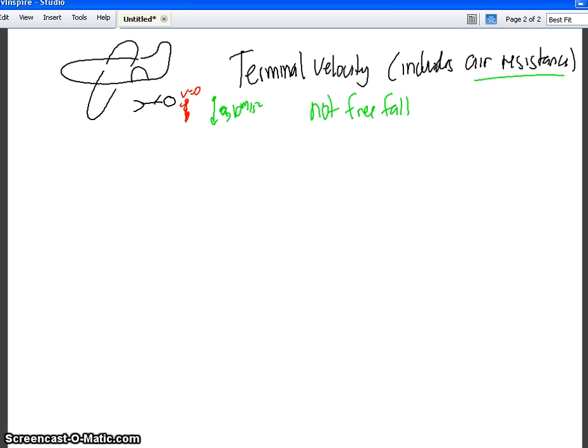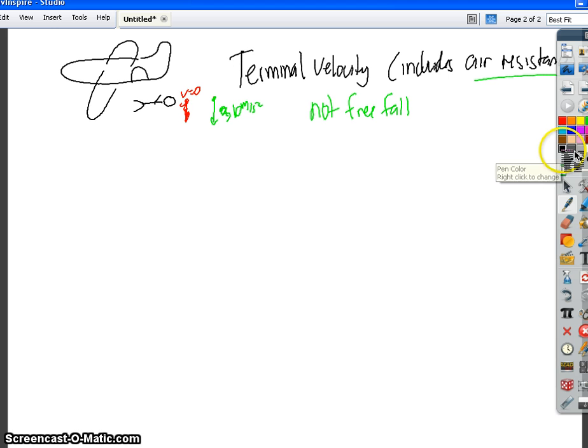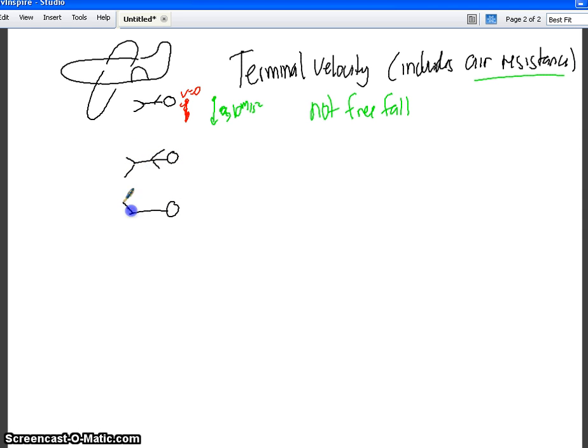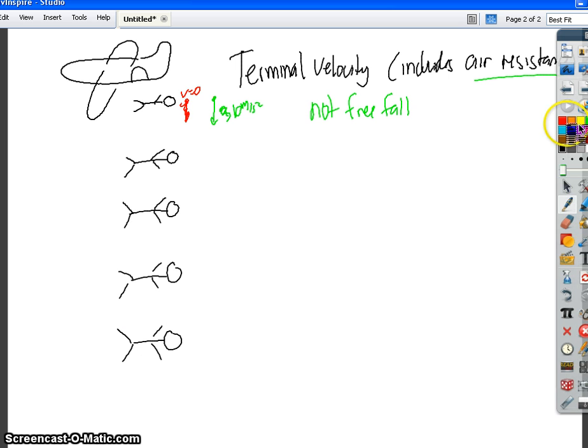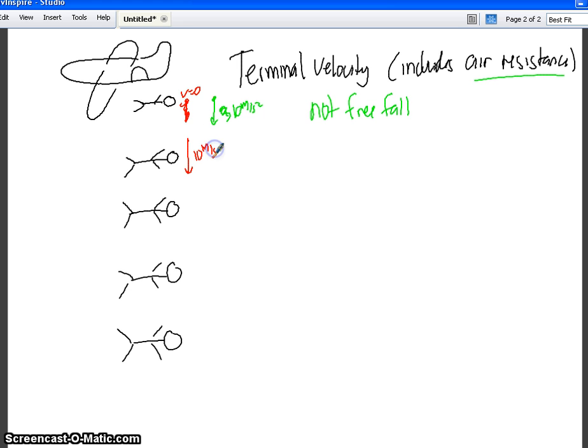So this person's going to gain speed, right? I'm going to draw this person falling through the air, and these are all different points of time here. So after a second they're going 10 meters per second.